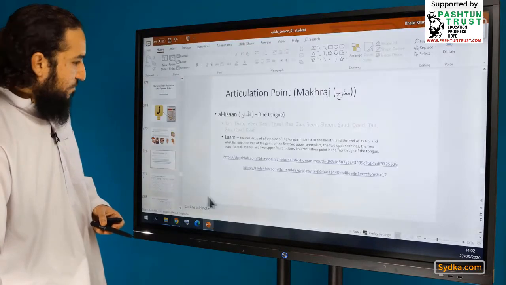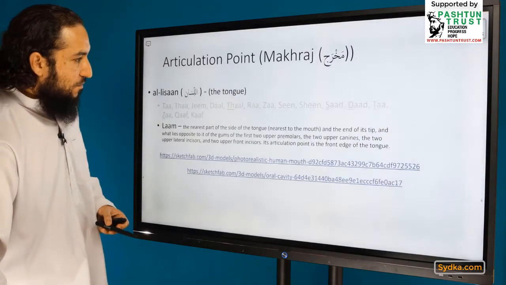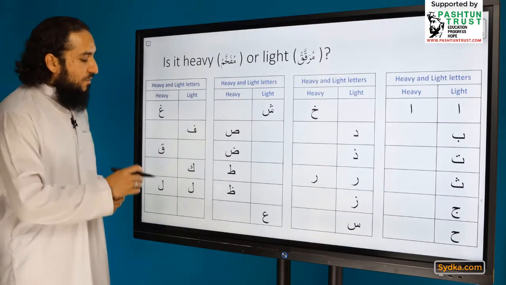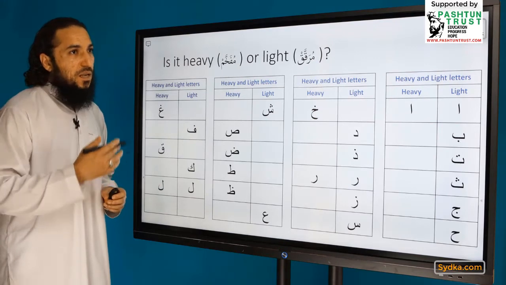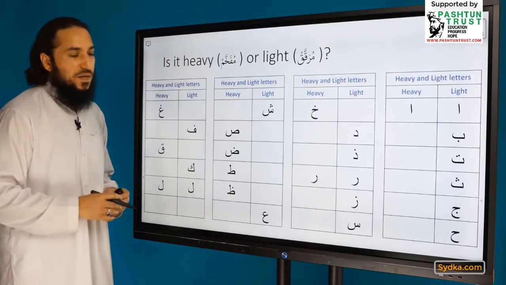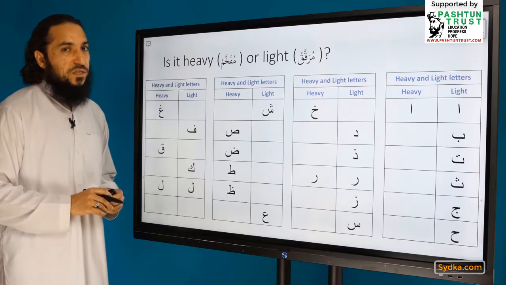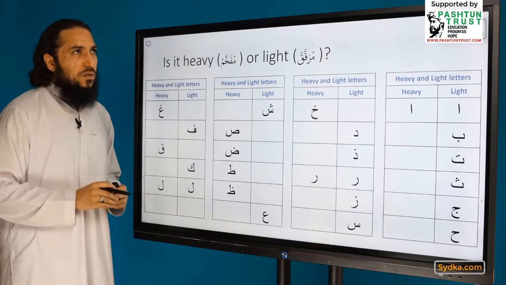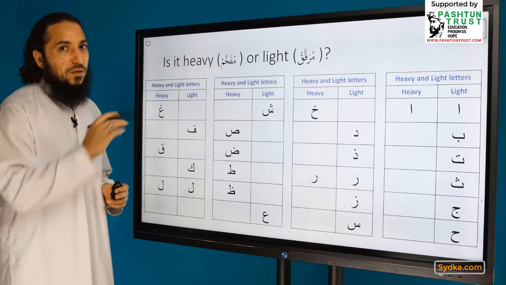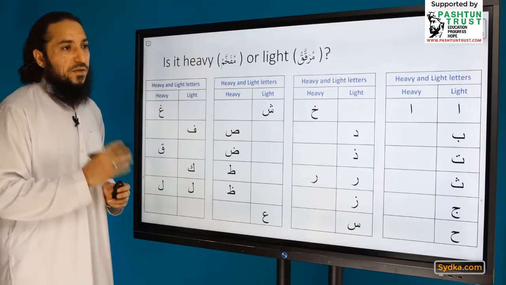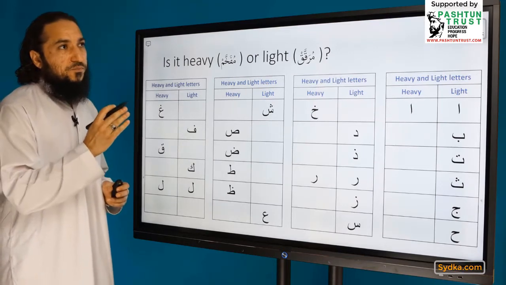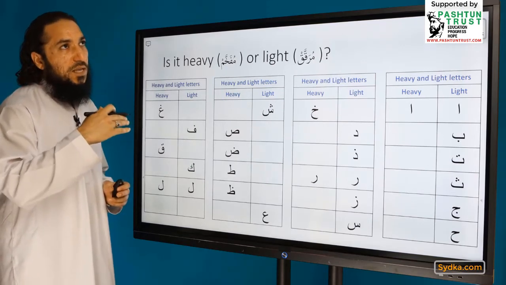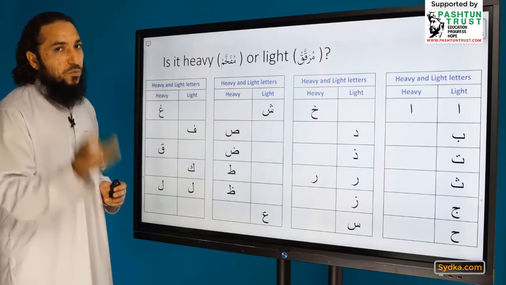Going back to the slides. Is it a heavy or light letter? It is one of the letters that can be light sometimes, and other times it can be heavy, depending on the situation when it is used. It's only heavy with the lafzul jalal, the name of Allah, when the lam is preceded by fatha or dhamma, not with kasra.